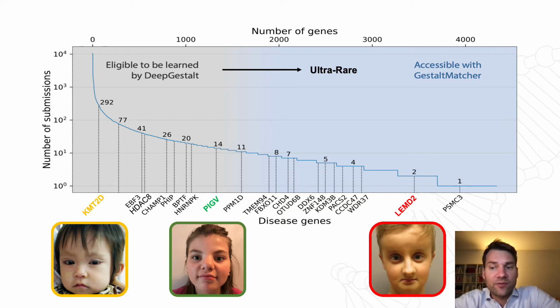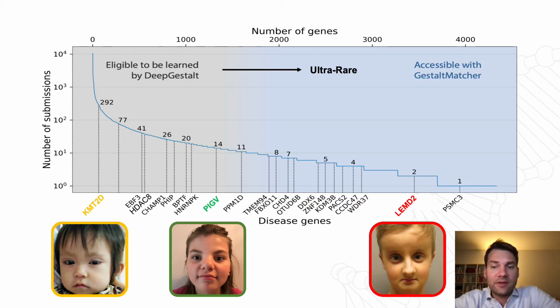This compares to 14 cases with PIK3R, a Mabry syndrome disease gene. All the syndromes that are recognizable are on the left, and for LEMD2, the disease-causing gene of the third test case, there were just too little data to learn this phenotype. Likewise, in ClinVar, there are only 2 submissions so far.